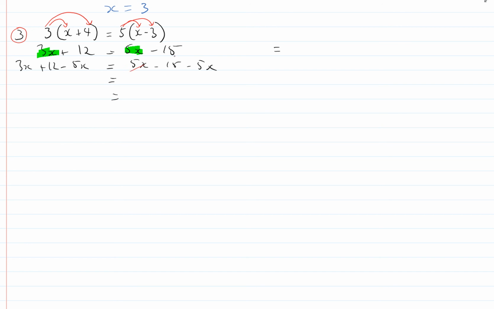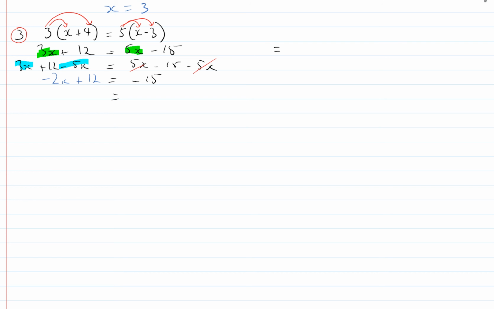and that would give me those cancelling out, leaving me with minus 15, and on this side I've got 3x take away 5x, so I get minus 2x plus 12 is minus 15.